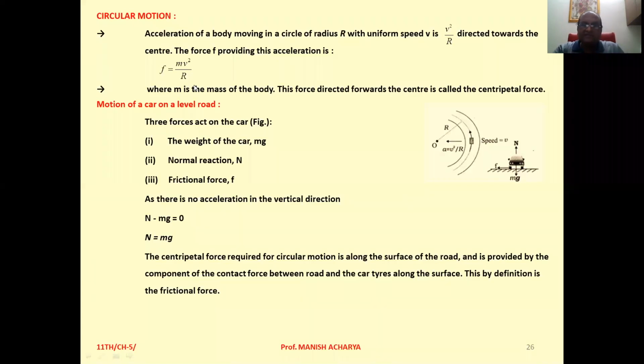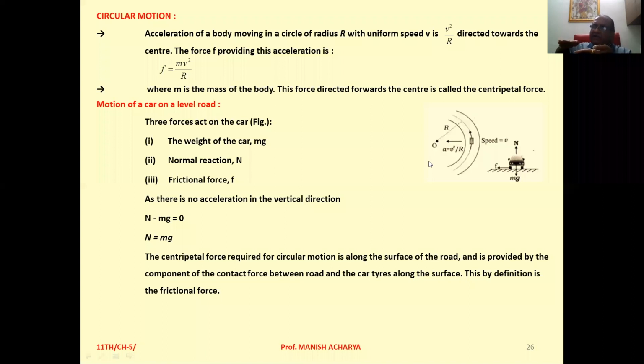Now, see here, suppose we think about the motion of a car on a level curved road. Level means horizontal curved road. On the car, the forces acting are weight in the downward direction, normal reaction vertically upward, and the frictional force towards the center, which will provide the required centripetal force.